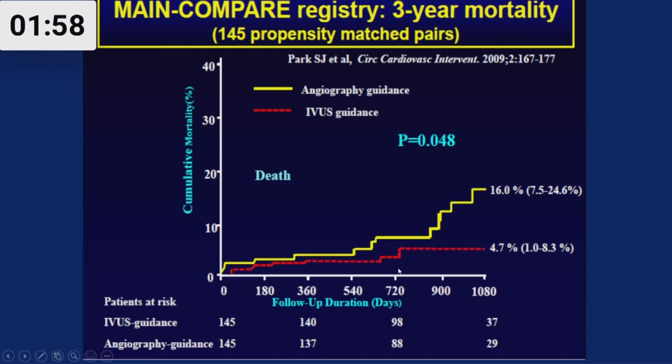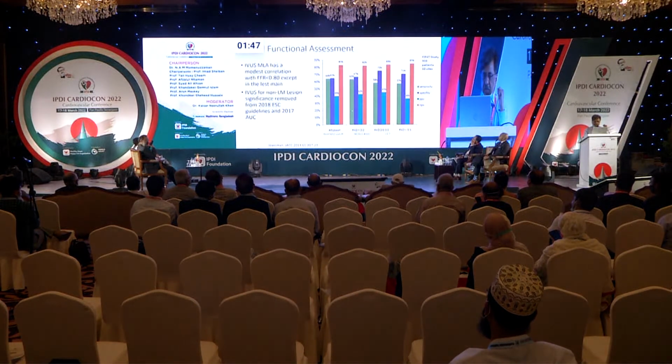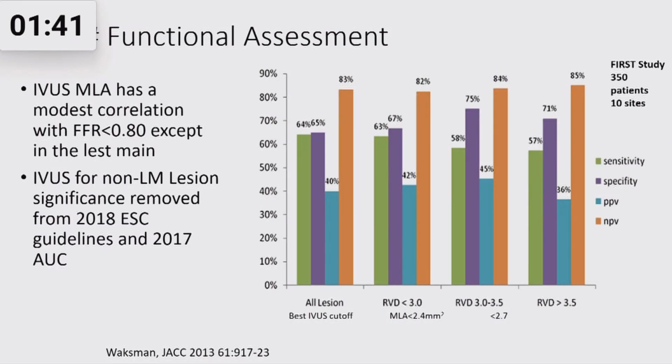This shows that IVUS significantly reduced cumulative mortality compared to angiogram. IVUS is not recommended for functional assessment of non-left main lesions, but in the left main you can do the functional assessment by minimum lumen area.